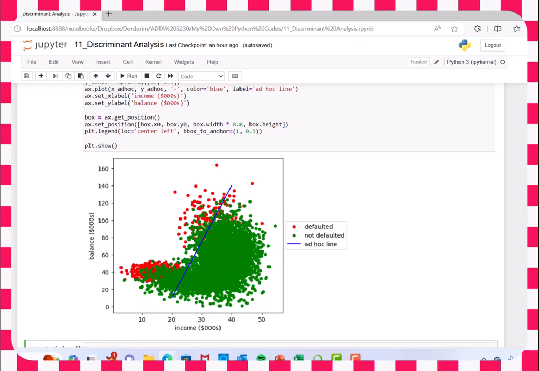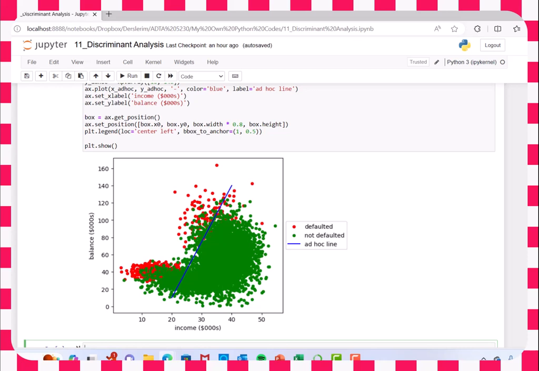So basically the whole idea of discriminant analysis is to draw a line between those two classes so that I can classify each record into one of those classes. So how can we draw a line between those two groups? Basically this drawing will be based on the distance of a record from each of the class means.